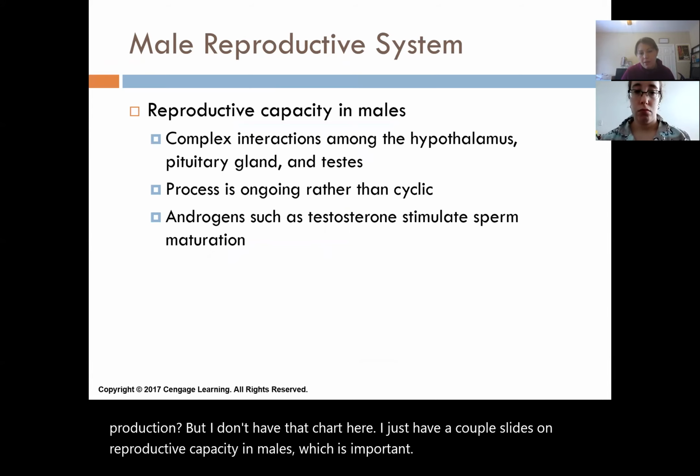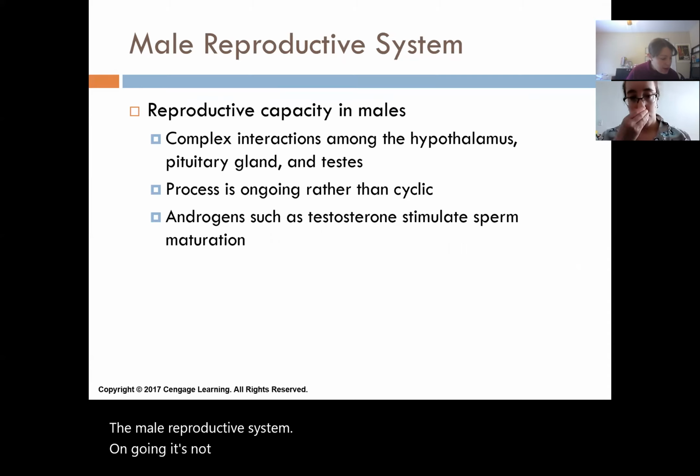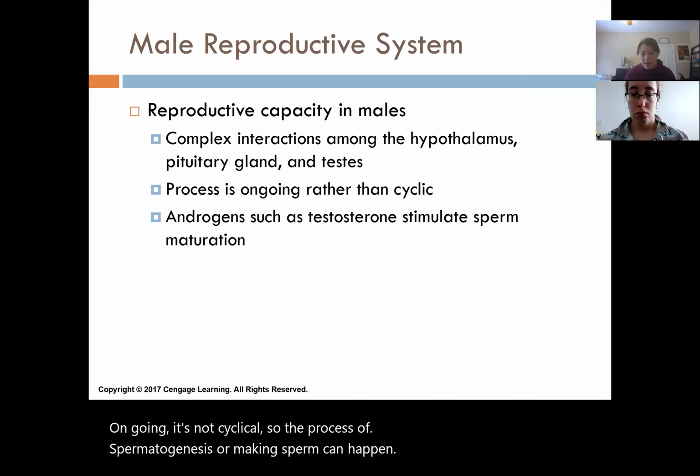One thing to know, a big difference is the male reproductive system is ongoing. It's not cyclical. So the process of spermatogenesis, or making sperm, happens ongoing and continuously. It doesn't happen in a monthly cycle.